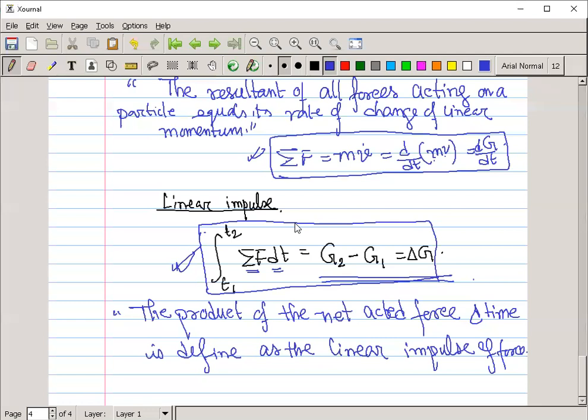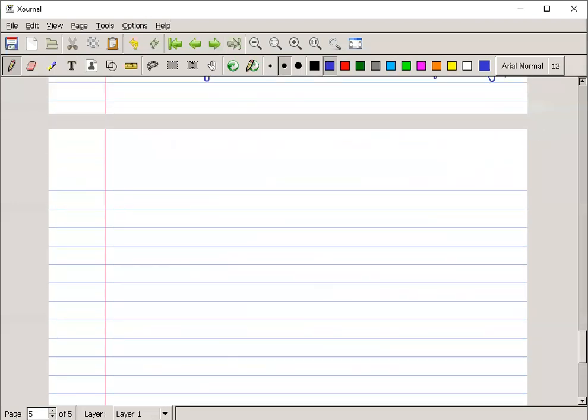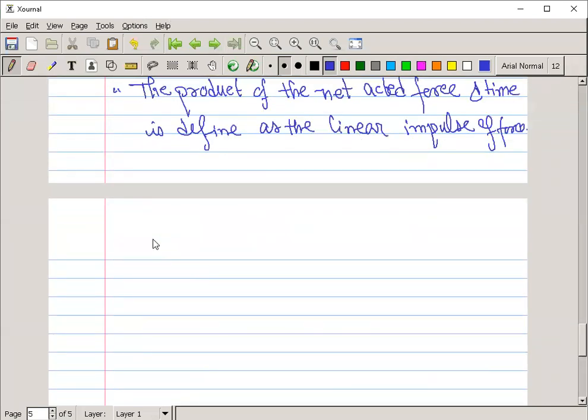Okay, like the linear momentum and the linear impulse I am talking about now, similarly, remember, there is another thing, that is the angular impulse and the angular momentum.